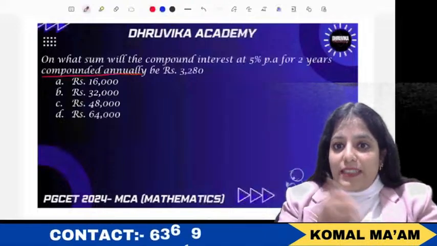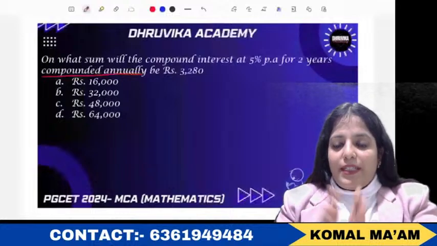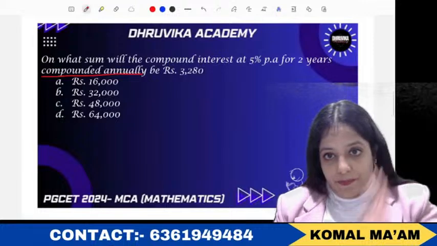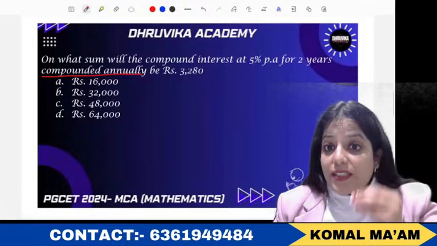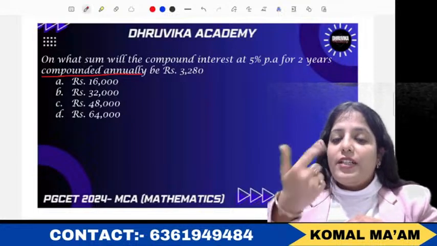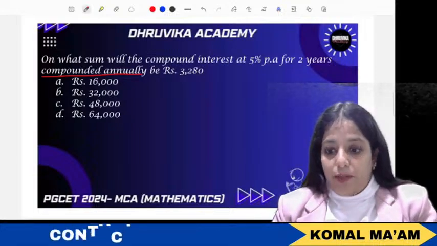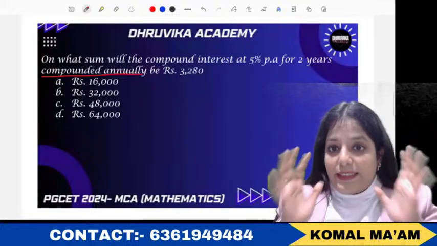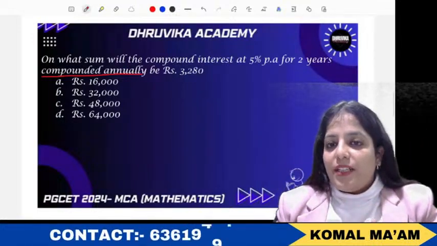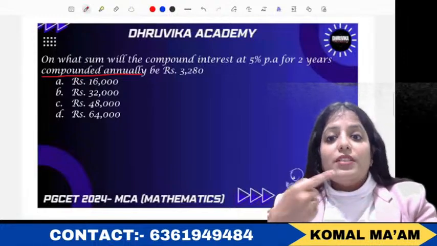If this event of changing the principal takes place once in a year, we call it compounded annually. If this event takes place semi-annually, we call it compounded half yearly. Now this compounding is taking place 2 times in a year, that is, the principal is going to change 2 times in a year.